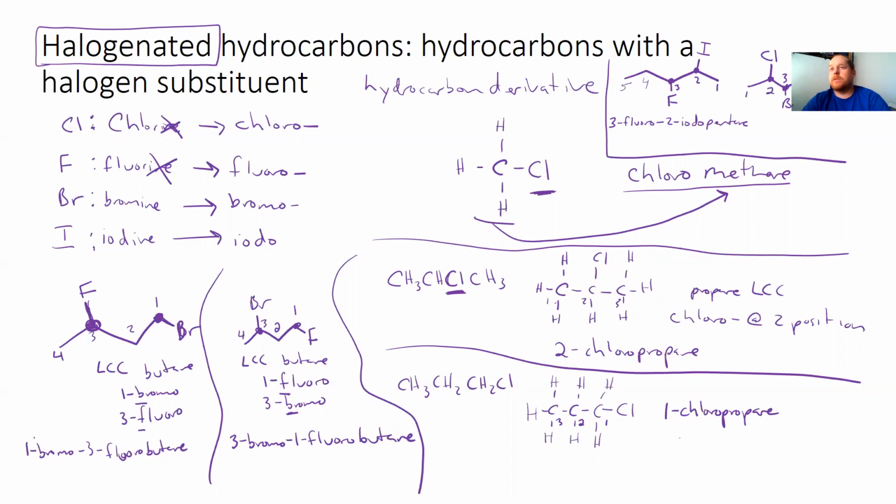So we have 1, 2, 3, 4, 5. And so this molecule will be, again, we number from the end that has the closest substituent, but when we write the name, we put it in alphabetical order. So it'll be 3-bromo, 2-chloro, pentane.